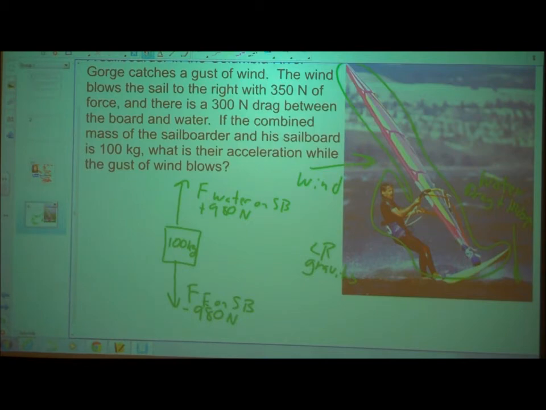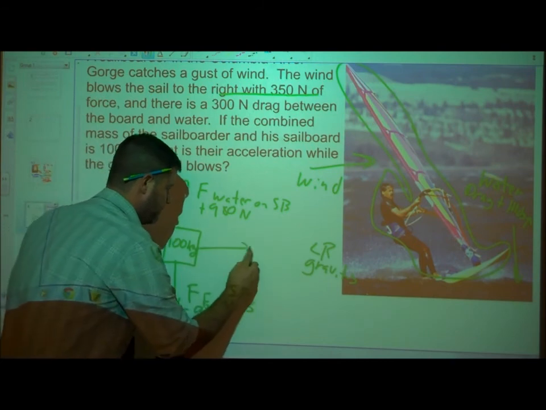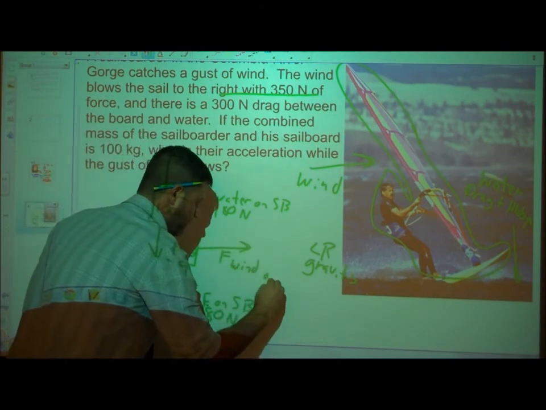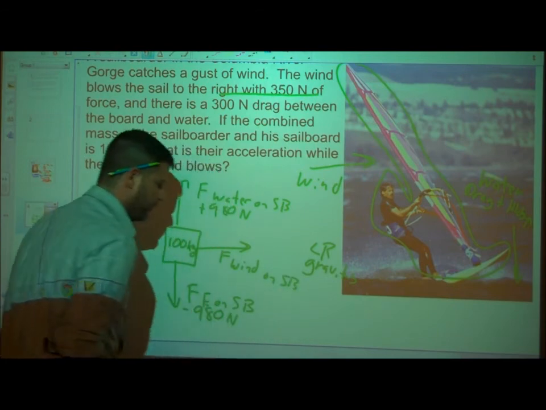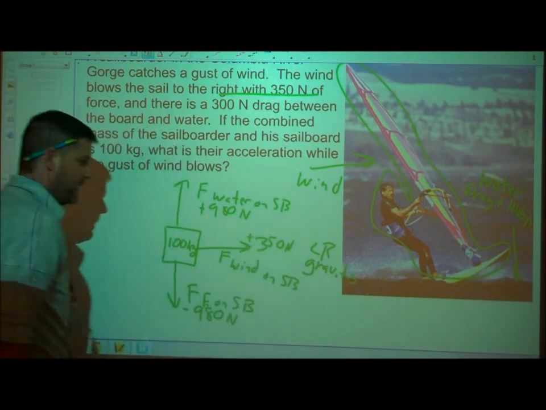Let's look at the other forces. We have wind and we have drag. Now it says that the wind is blowing to the right at 350 newtons. We can see that right here. So the force of wind on the sailboarder is 350 newtons. That's positive.